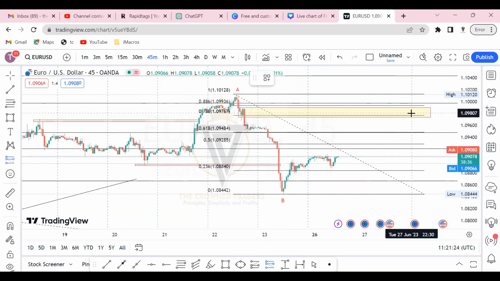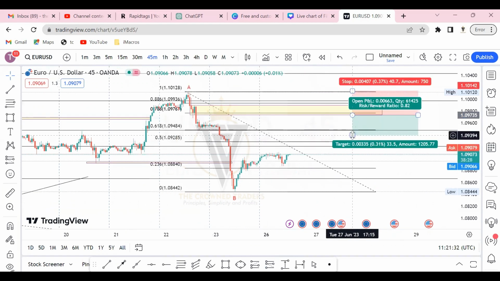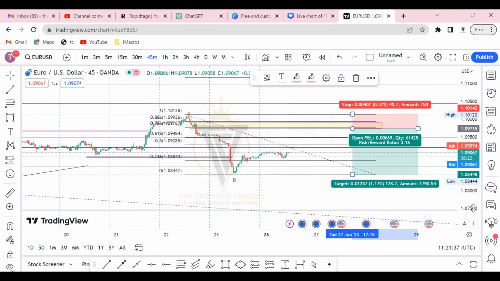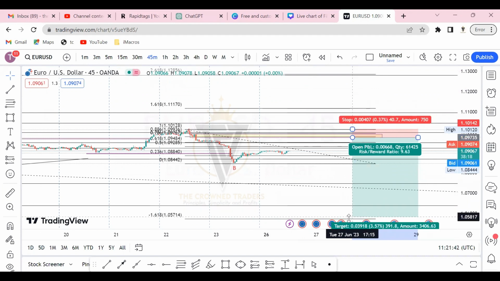For me, I would already be putting a pending order at that point, and my stop loss will be somewhere here. Remember, our take profit is going to be down here, or we will go down to the negative 1.618 level.